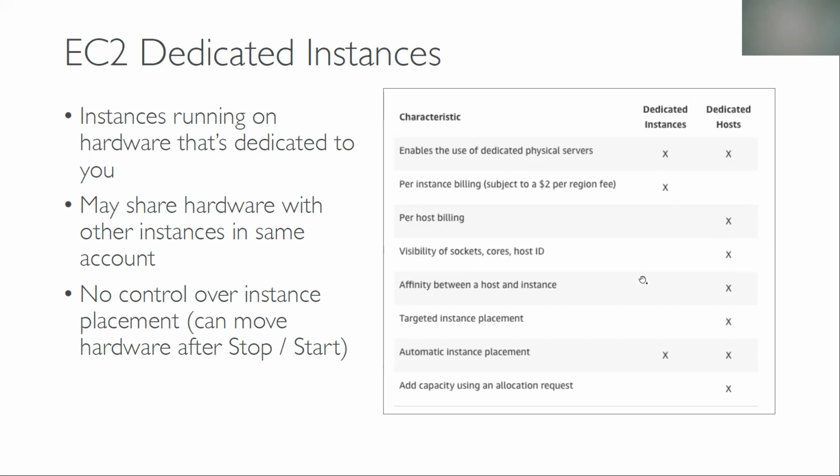Okay? Pero sa dedicated instance, yung mga VM din na. Okay? So, in short, dedicated instance, it's running on a hardware na binigay sa'yo. Okay? You can share the hardware with other instance and wala kang control over instance placement. Kasi nga, let's say isang physical server, hindi mo pwedeng i-move sa iba. Okay? Let's say gusto ko i-move sa Singapore or sa Hong Kong. Diba? Kasi nga, dedicated lang siya doon.